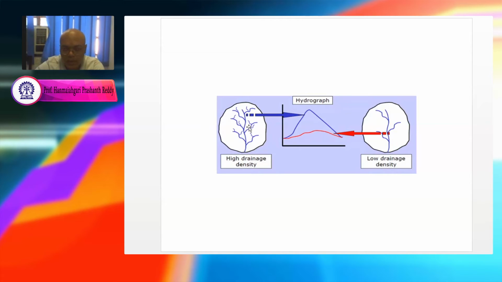So you can see that the resulting hydrograph from the high drainage density, shown in blue, has a higher peak. And for the second one, where the drainage density is low, the peak is low. That hydrograph is called a squat hydrograph.